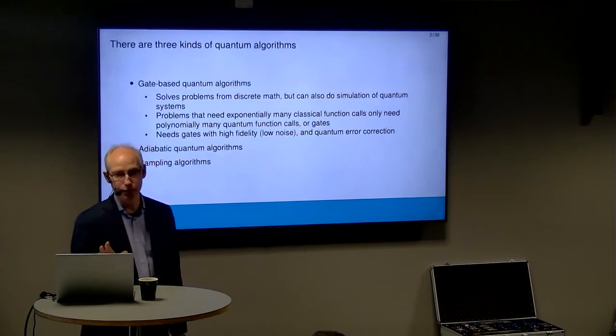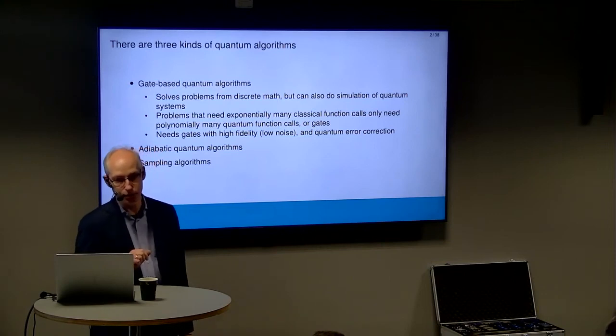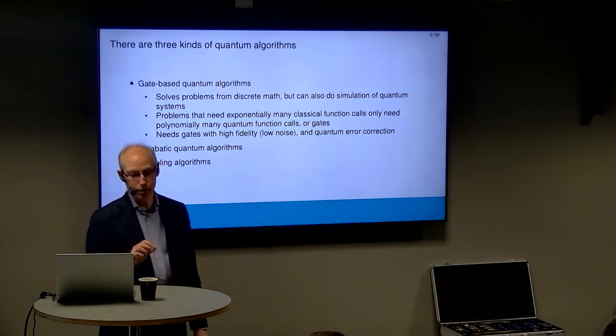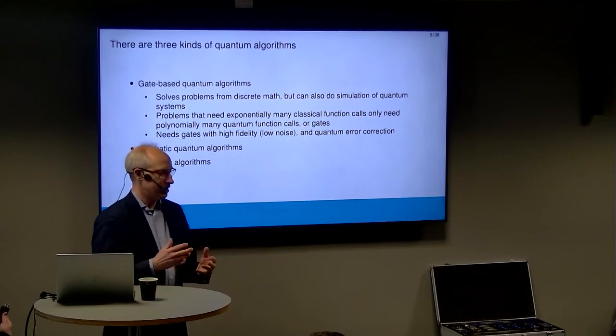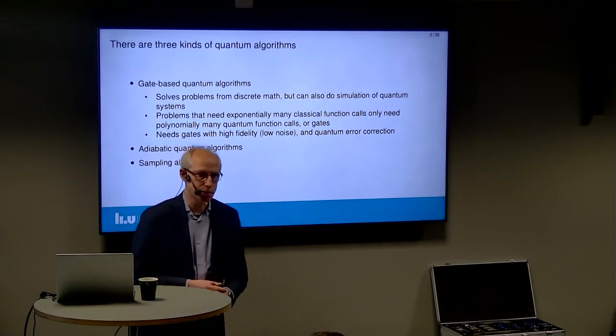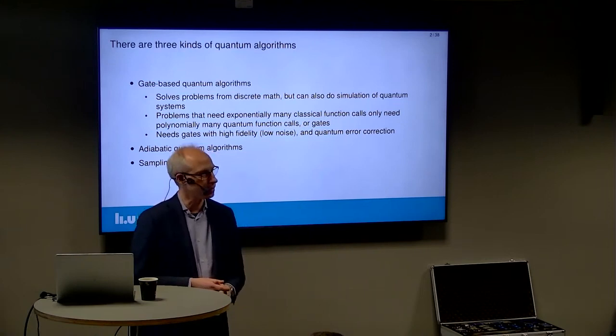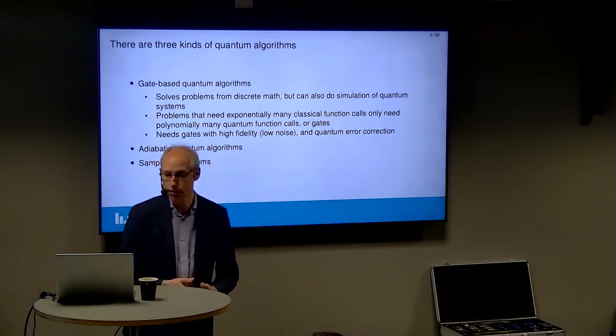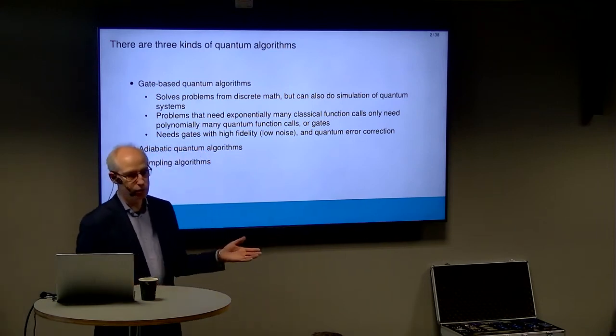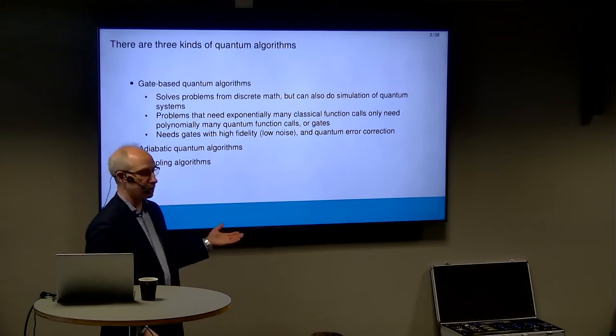There are actually 3 kinds of quantum algorithms. So-called gate-based quantum algorithms, where you use similar gates as you would in a classical machine. They perform AND or XOR, addition, multiplication, that kind of thing. And you use these to solve problems from discrete math.